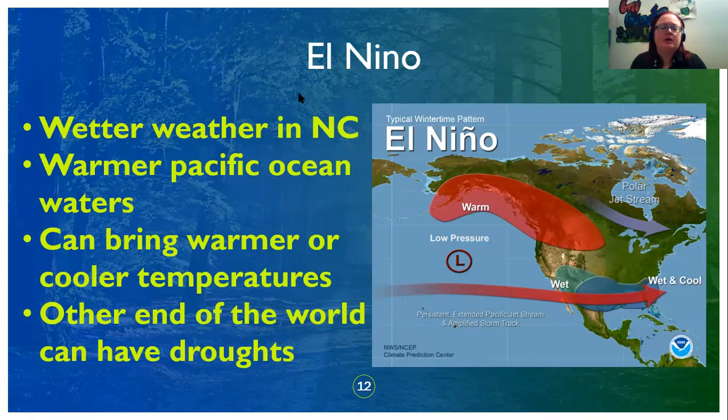So with El Nino, you have wetter weather, warmer Pacific Ocean waters. It can bring warmer or cooler temperatures. And then the other end of the world is going to have droughts.